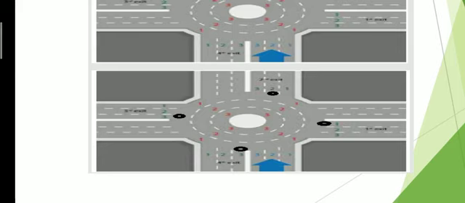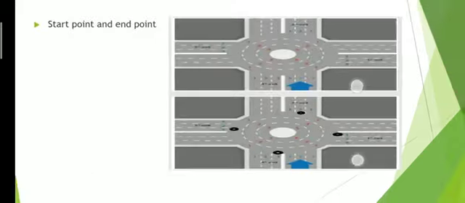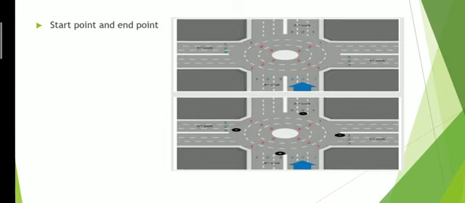Okay, and for third exit 3, fourth exit also 3. You can remember it like that: 1 is 1, 2 is 2, 3 is 3, and 4 is also 3. The exit point in roundabout, for 1 it is 1, for 2 it is 2, for 3 it is 3, and for 4 also it is 3, the end point.